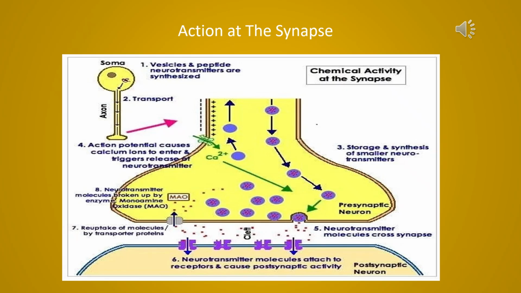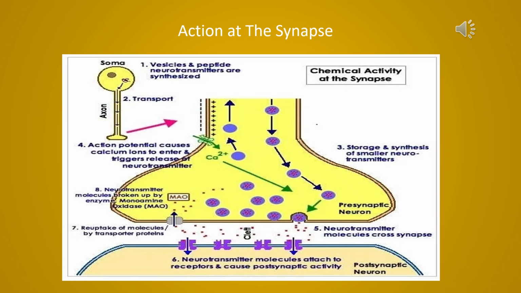So neurotransmitters have a brief moment in time in which they can exert their effect, and if that is not terminated immediately, then the neurotransmitter will continue to stimulate the postsynaptic neuron or the target tissue.